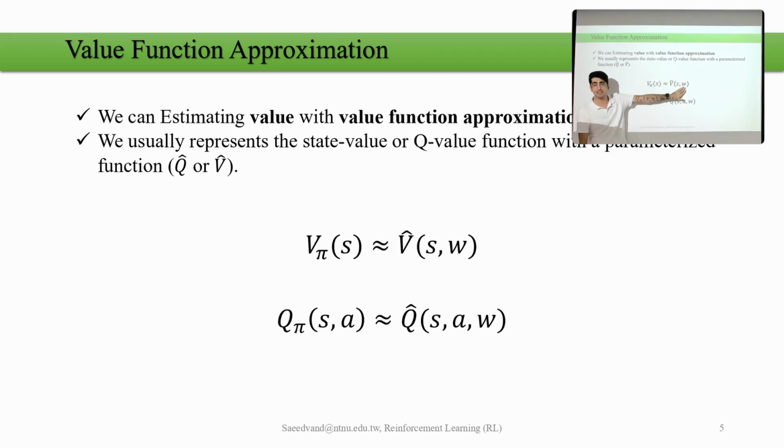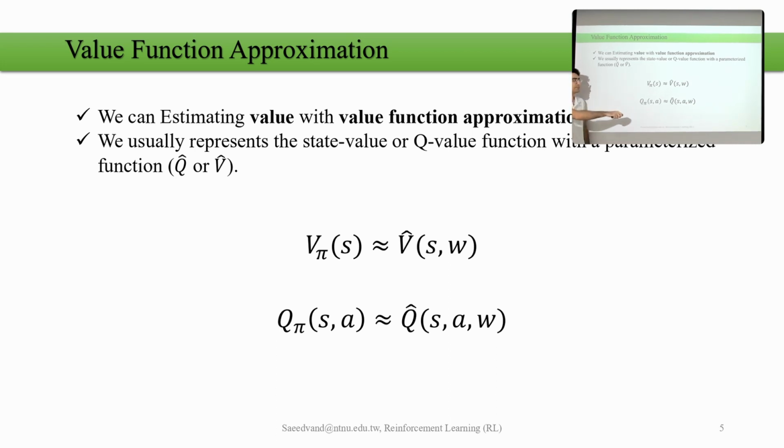So I'm adding the weights W's to this value in order to say, okay, instead of storing the value directly in a table, we have it in the form of a function. This one was a table, this one is going to be a function. And this W is similar to the sign that I just explained to you. Of course, more complex. We will see how we can find it. Is it clear? So the first term is for the value of the state.